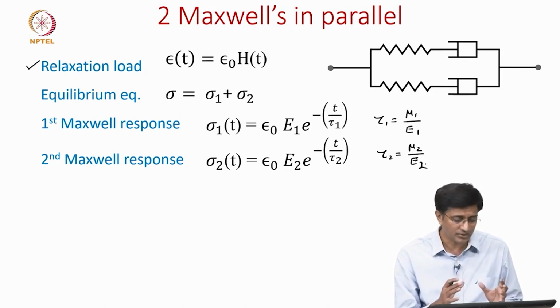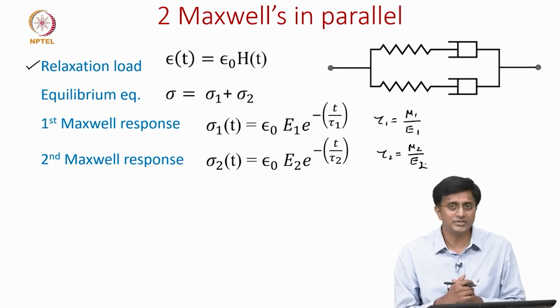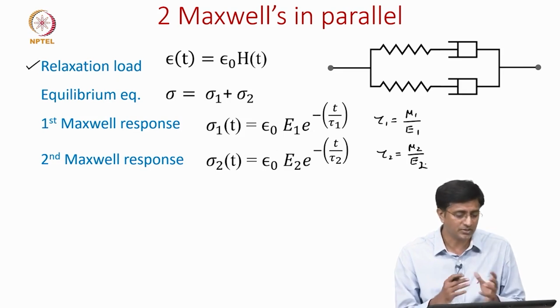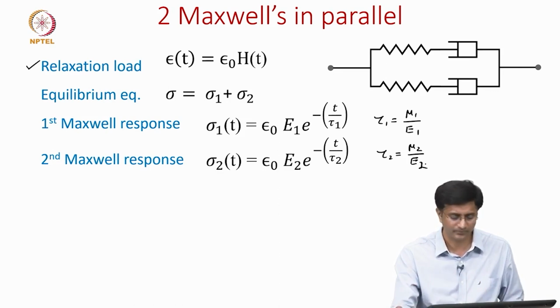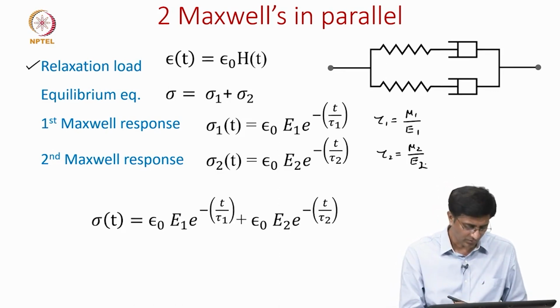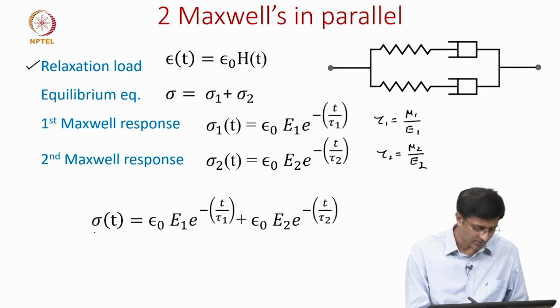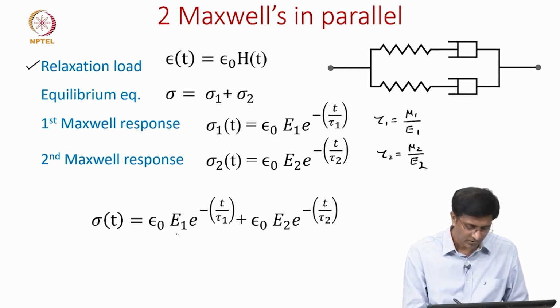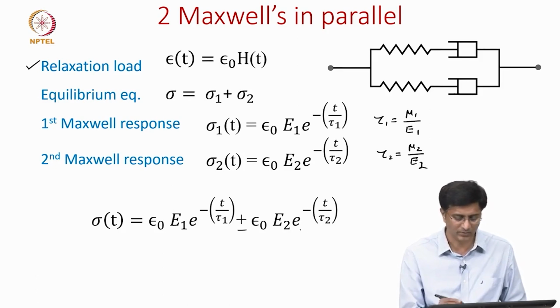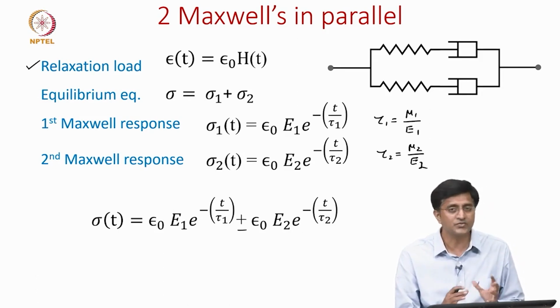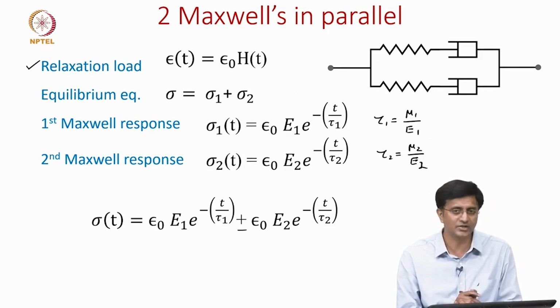Now that we have the stress response for each of these Maxwells, then finally it is very easy to find the stresses for these two Maxwells in parallel, because we just need to sum these two together. So, with that we get the stress response is simply the stress in the first Maxwell plus the stress in the second Maxwell.